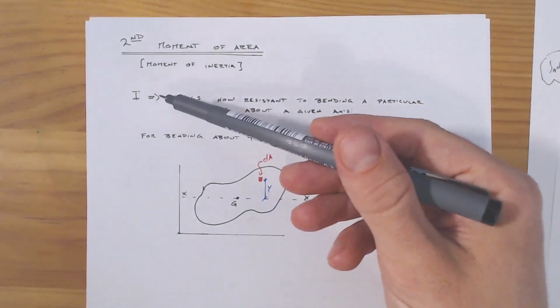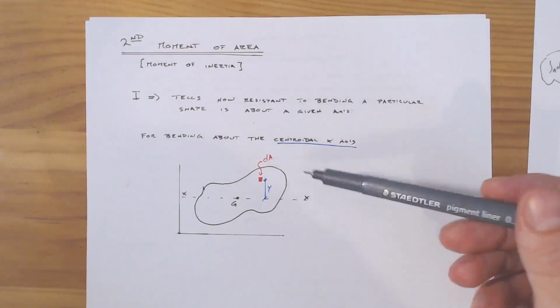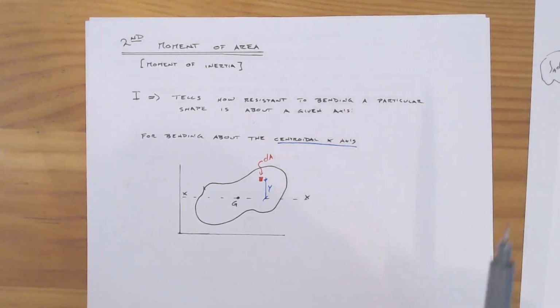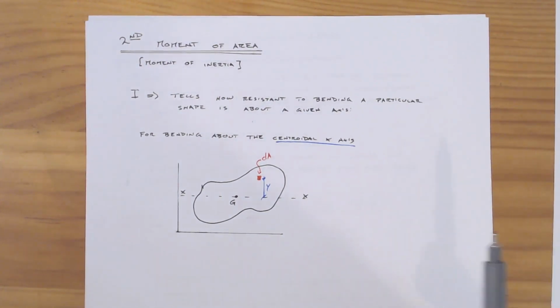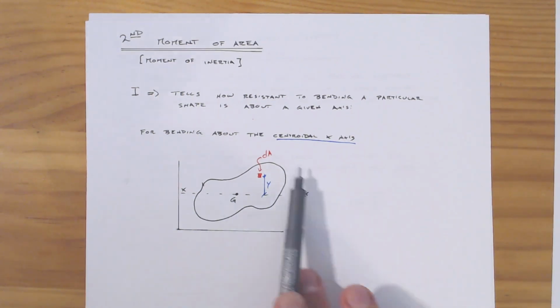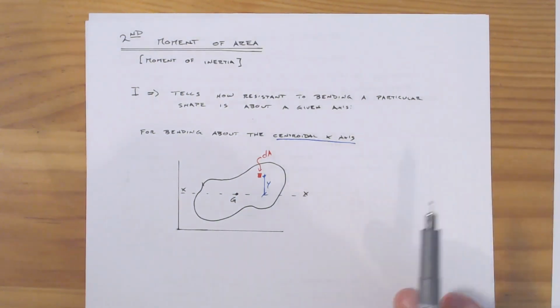So the moment of inertia about the x-axis is how much bending resistance something has about the x-axis through a given point. That should make some sense if you're familiar with physics, where inertia is how much effort it takes to move something or to stop it. It's much the same here. That's why we call it moment of inertia.